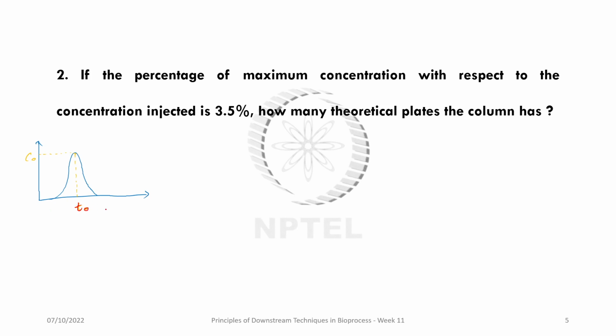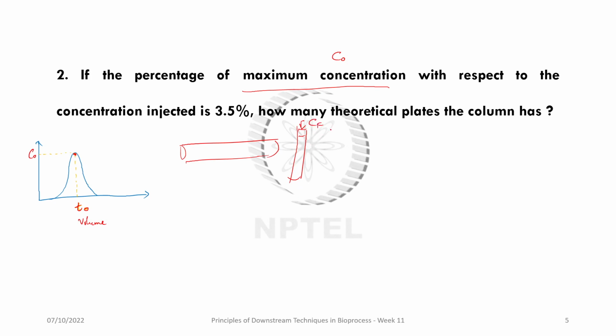So this is the T naught, the time at which the peak elutes, or it can also be in terms of volume if you are measuring the volume. So the maximum concentration of the peak is given by C naught. So if the percentage of the maximum concentration, which is C naught, with respect to the concentration injected. So you have a chromatographic column, and you're going to inject some sample into it, correct?